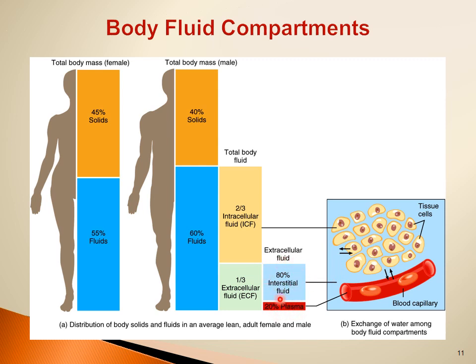As you notice, 80% of the extracellular fluid is present in the interstitium, and only 20% of the extracellular fluid is present inside the cardiovascular system, and these are the blood vessels as well as the heart.